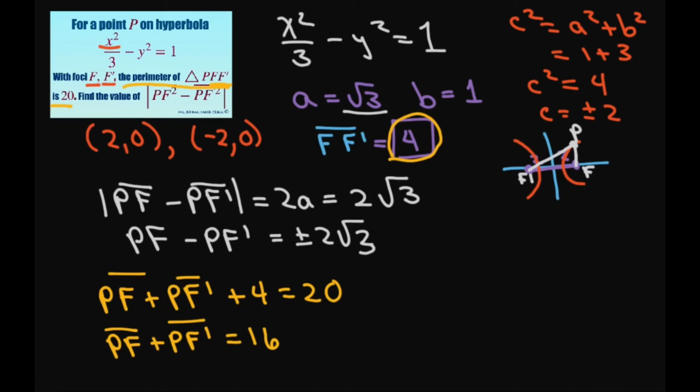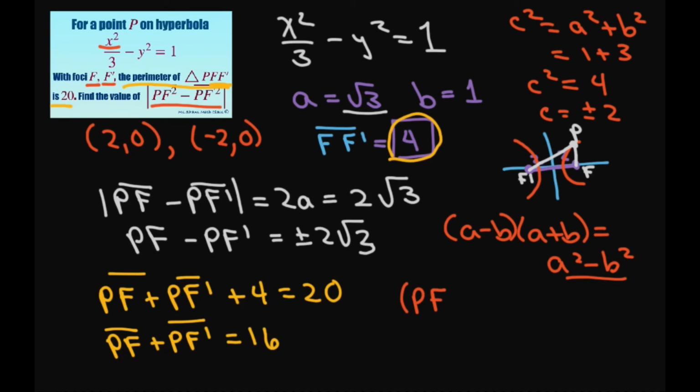And finally, I'm going to use the fact that A minus B times A plus B equals A squared minus B squared, because that's what we're looking for here. So I'm going to look at PF minus PF prime times PF plus PF prime.